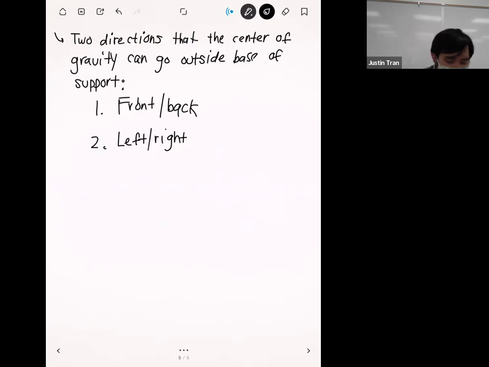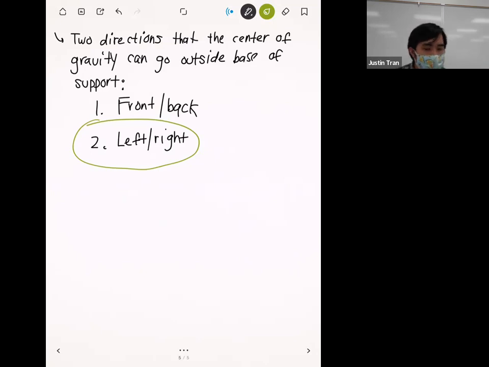And the reason I'm making this distinction is that generally it's a bit easier to maintain balance in one of these directions, and the responsibility of keeping balance in these directions is different. What I mean by that is there are different muscle groups in your body that maintain balance in each of these directions. Generally speaking, by the normal resting stance that people usually take, it's easier to maintain balance in your left or right direction, because most people naturally spread their legs out about shoulder width.